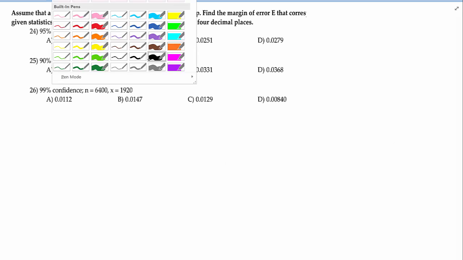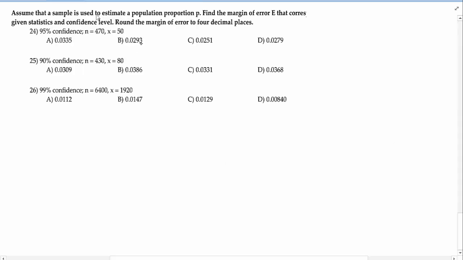All right, so let's skip a few problems and let's do 24. Number 24 says assume that the sample is used to estimate the population proportion p. Find the margin of error that corresponds. Okay, so right here they're asking for the margin of error.